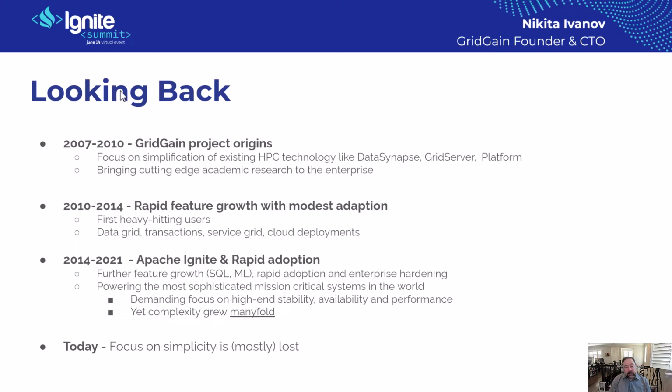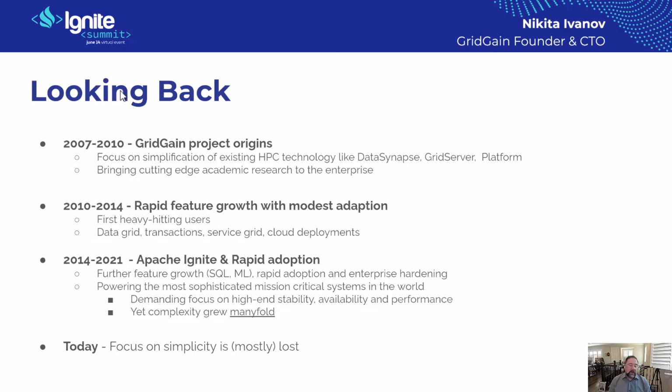It's your typical parallel processing, and I wanted to marry this with in-memory computing. So the original ideas of the GridGain project, more than 10 years ago, were all about bringing a simplified user experience to fairly complex HPC ideas. So something like bringing cutting-edge academic research to the enterprise.